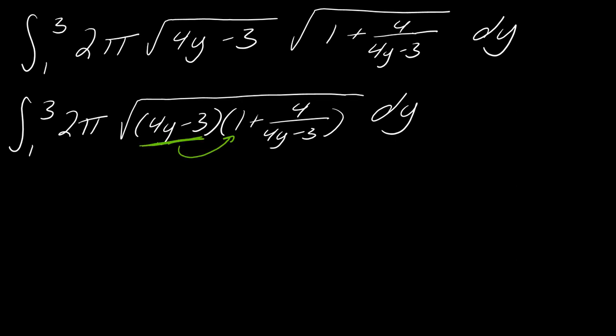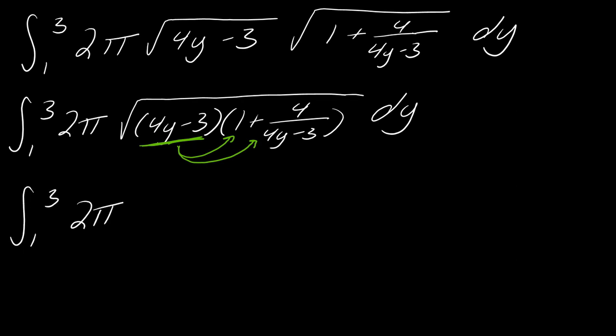So what is 4y minus 3 times 1? And then also, what is 4y minus 3 times this? And if I multiply this by this fraction, you can see that the denominator will cancel out and I'm just left with 4. This is a way easier trick to use than trying to FOIL everything, because then you're going to get some crazy denominators and it's just going to be kind of a mess.